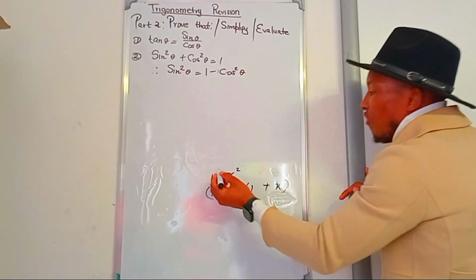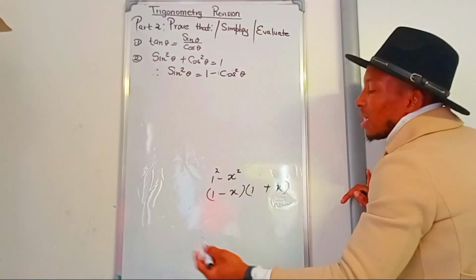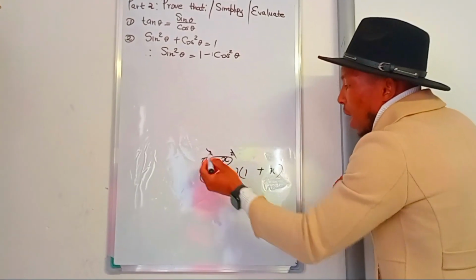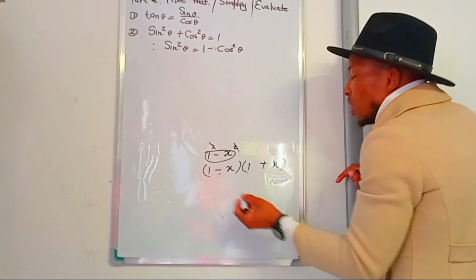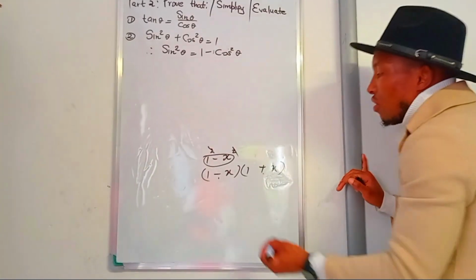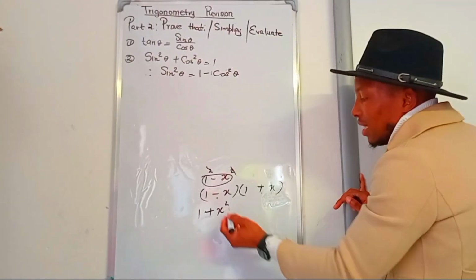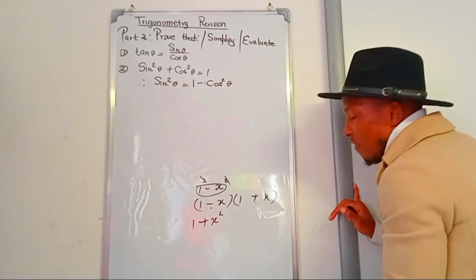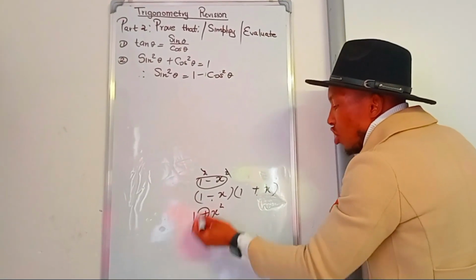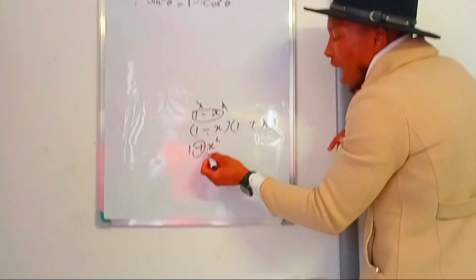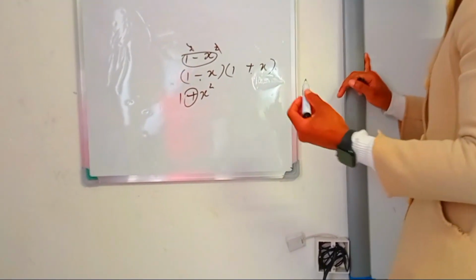Therefore, 1 squared is the same as 1. You just drop the exponent, take the base, keep the sign in the first bracket, and then you change the sign in the second. But if we are just having 1 plus sin squared, this is not a perfect square, because you are not able to factorize it, since between the terms we have a positive sign.